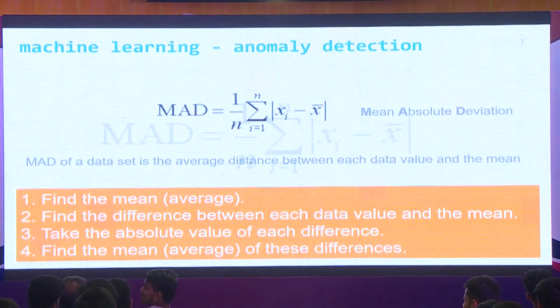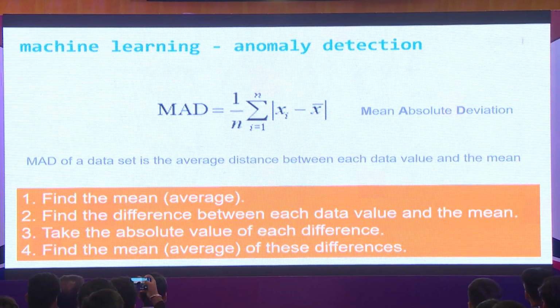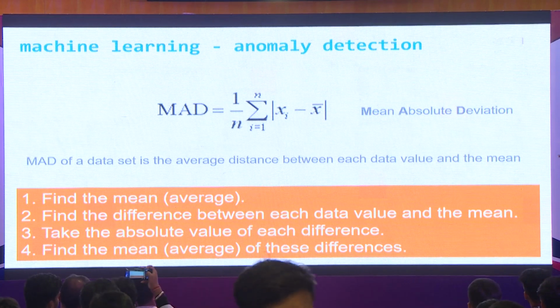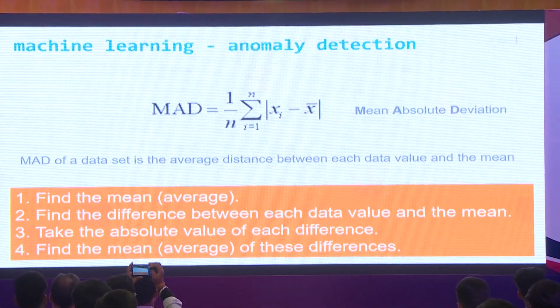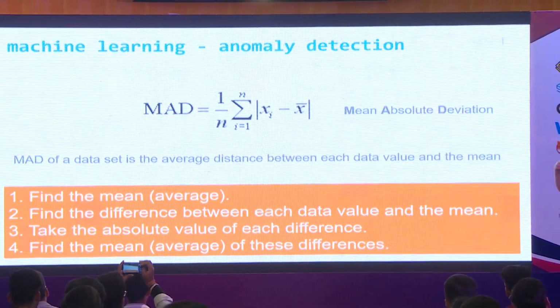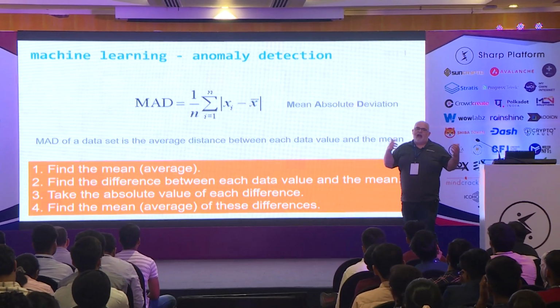But actually, this is what it means. It's about anomaly detection, right? It says, find the average of something, then find the difference between each data value, then take the absolute value of the difference, and then find the average of those differences.